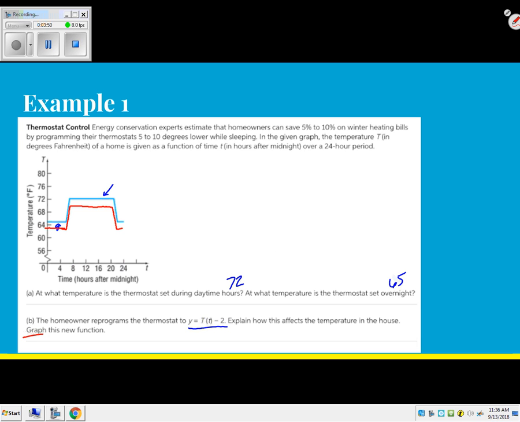So pretty much what I do is take that blue line and move it down 2 units to the red line. What that did to my graph was make it always 2 degrees cooler with this new program. So how does this affect the temperature? It is now 2 degrees cooler.